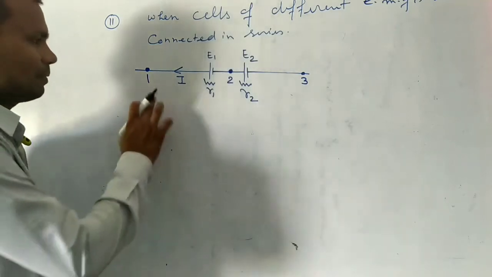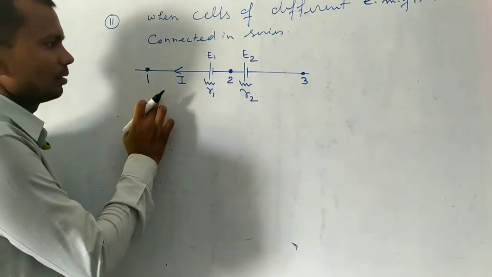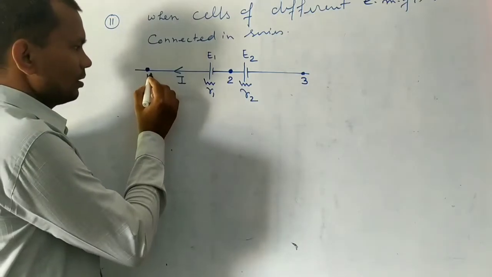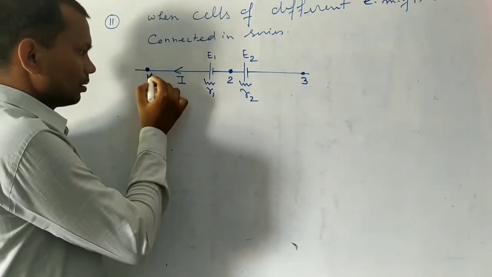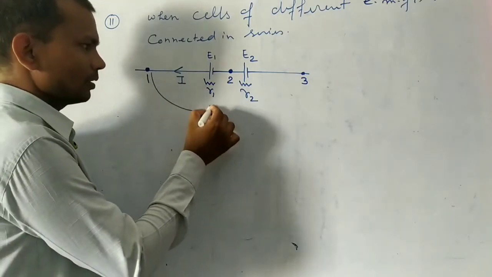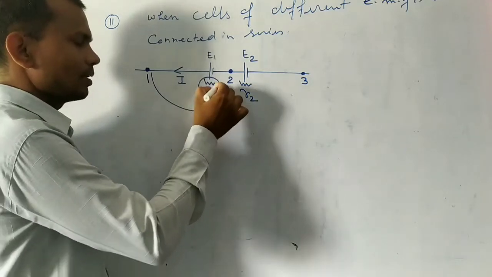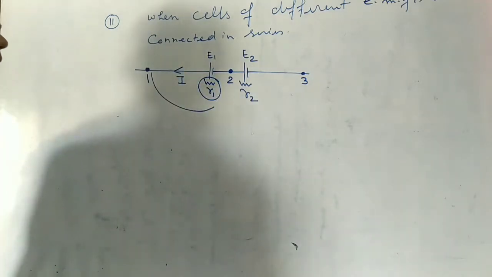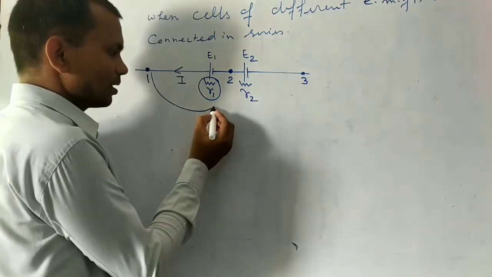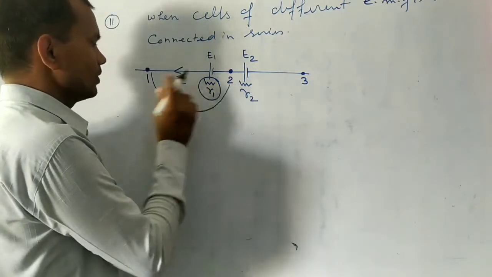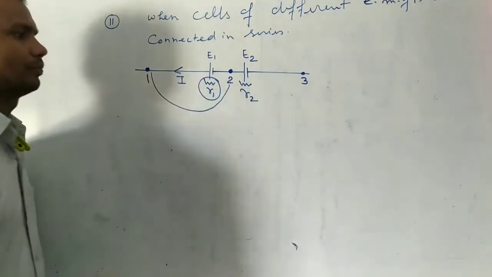So first of all we find the potential drop due to the internal resistance R1, or simply the potential between the two points 1 and 2.